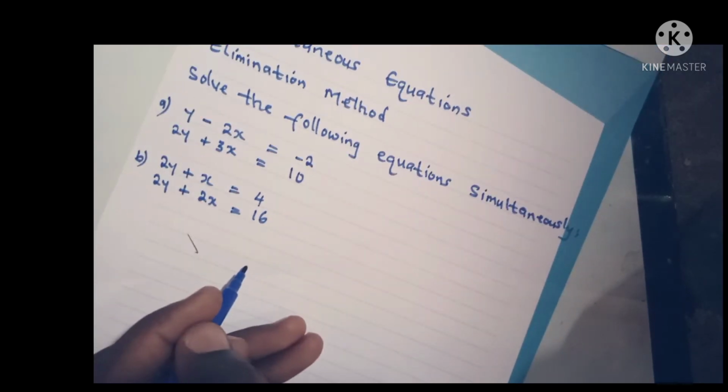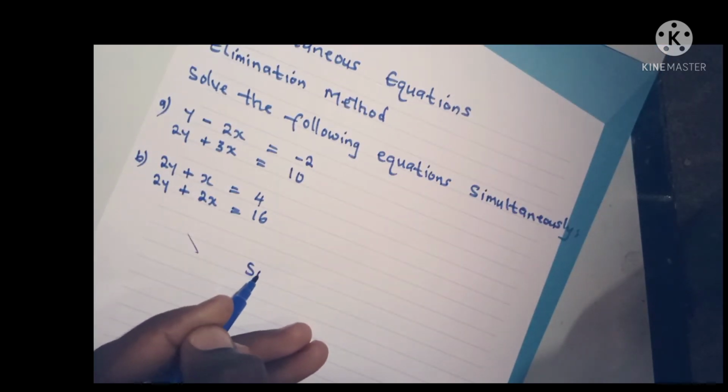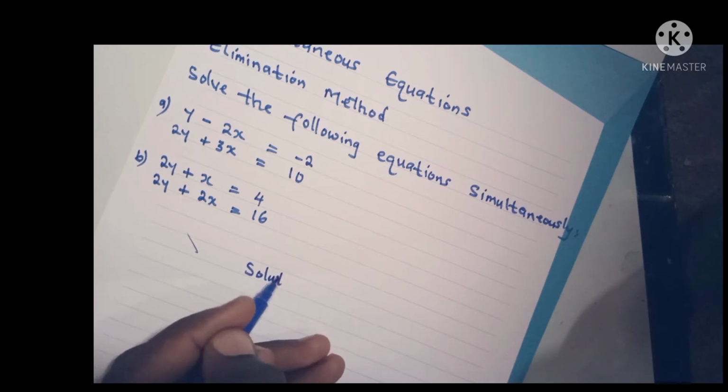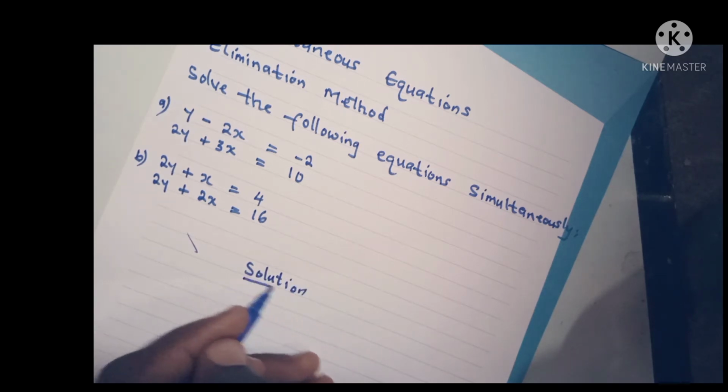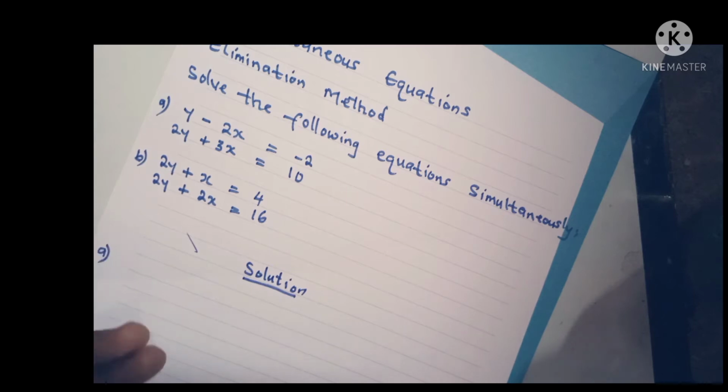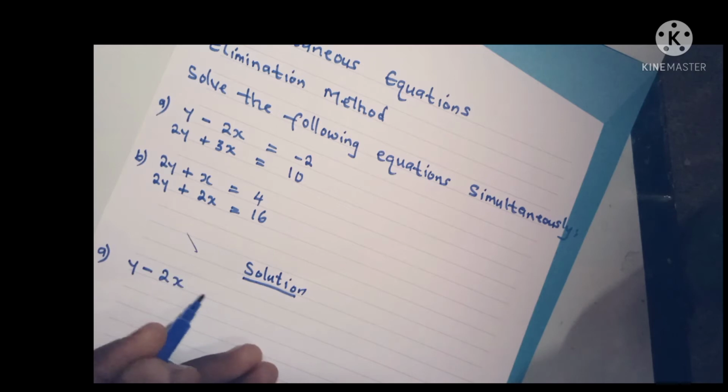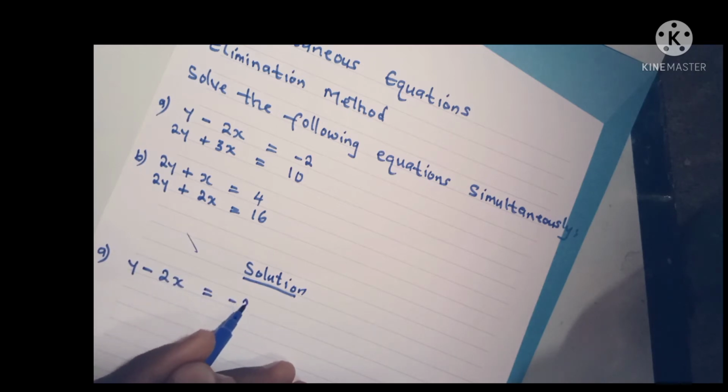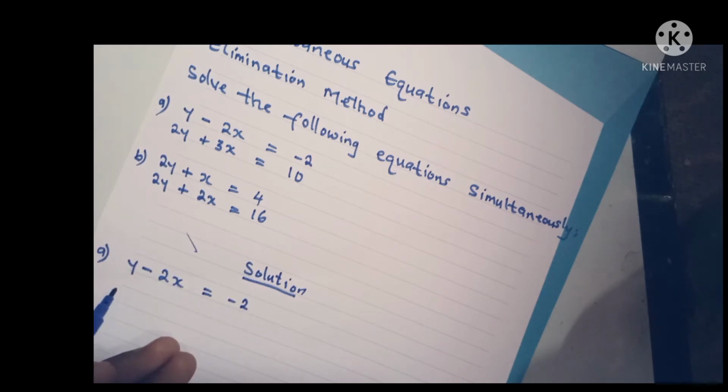Alright, the first one, y minus 2x equals minus 2, 2y plus 3x equals 10.